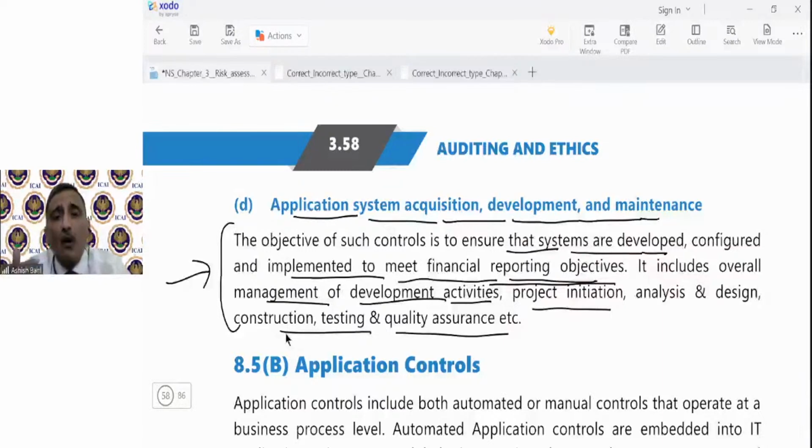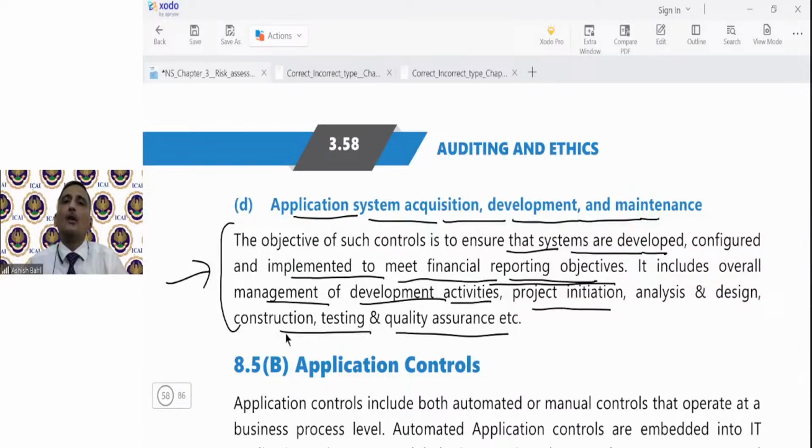Then how is such application to be acquired in the first place? What are the controls implemented by the company to ensure that the new application which is to be acquired meets its financial reporting objectives? These type of controls also fall within the meaning of general IT controls.